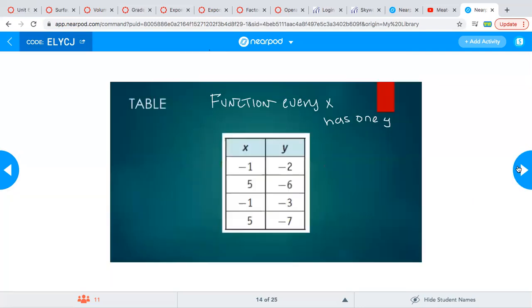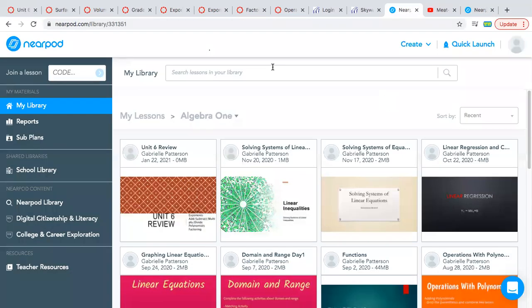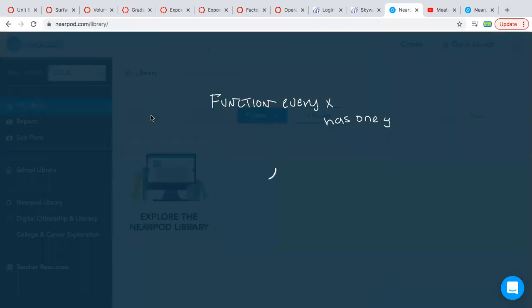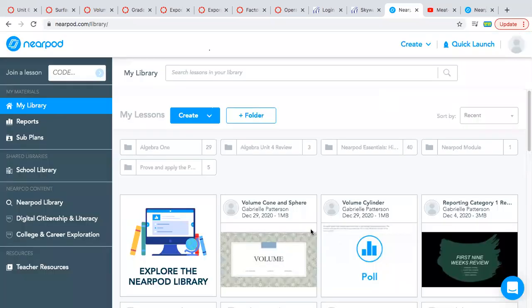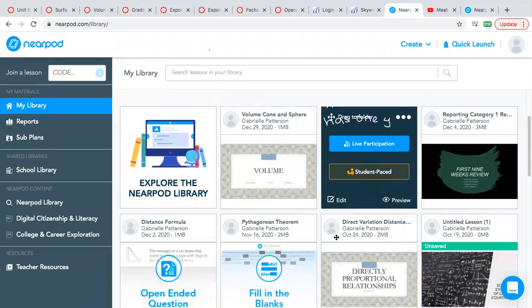Let's look at this table now. Go ahead and write this table down. I don't even think I have the right Nearpod on. Oh well. Let me see real quick. Sorry. Bless you. I'm trying to see something real quick.